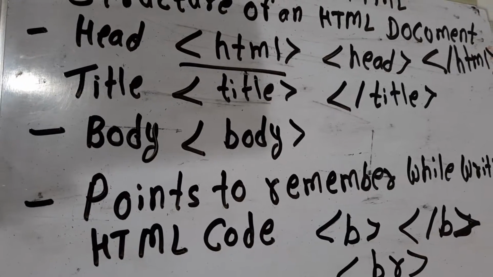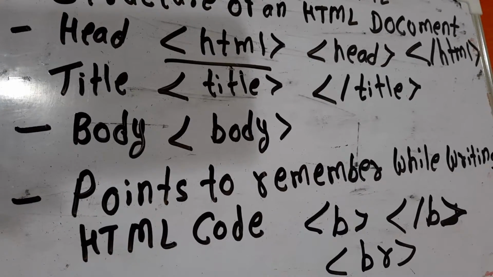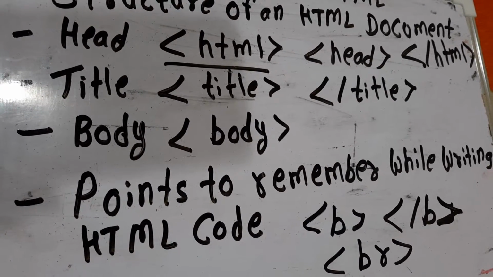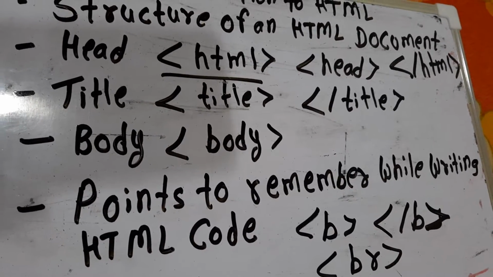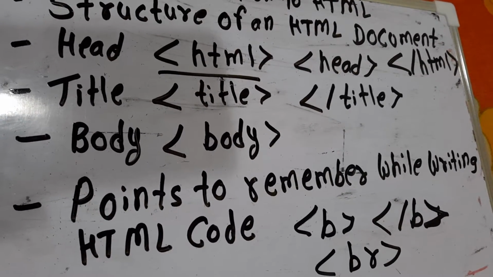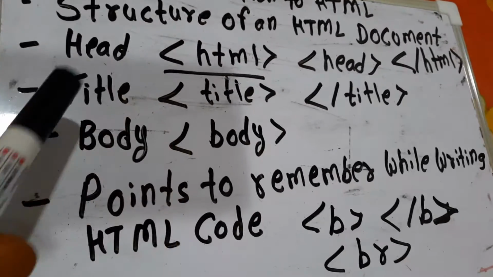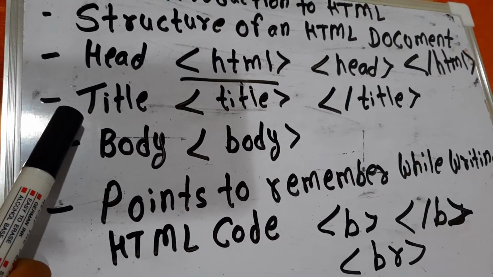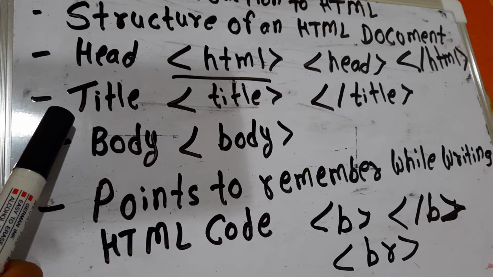The first element contained inside the HTML element. The head element is a container element that includes identification and supplementary information about the document. Most of this information is not displayed, as no text is put inside the head element. It contains the title element. Then we have the title element, which specifies the title of the web page that you are creating.